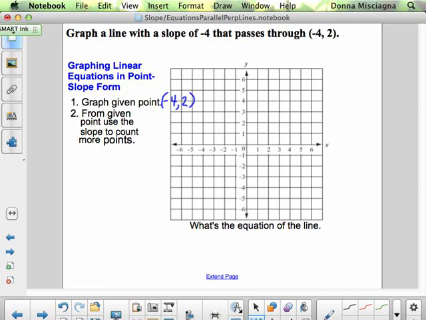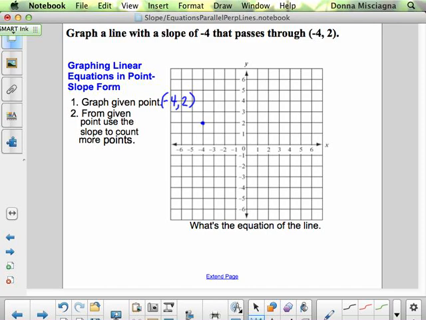We're given the point -4, 2, so we're going to graph that point. And then you're going to use the slope to count out more points. It's just like you saw in the previous video, except instead of the point being the y-intercept, it's some other point.